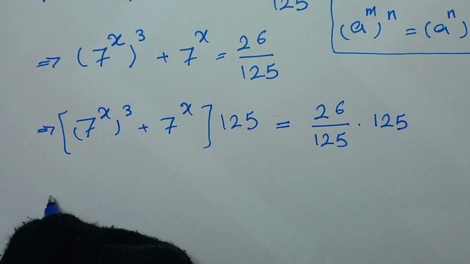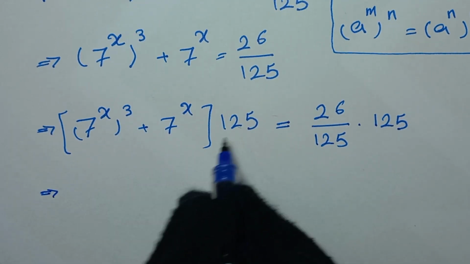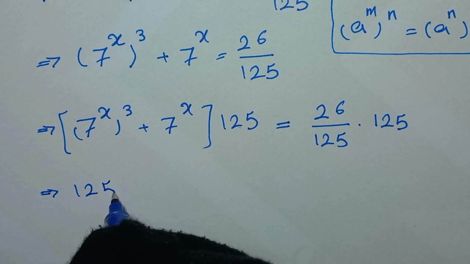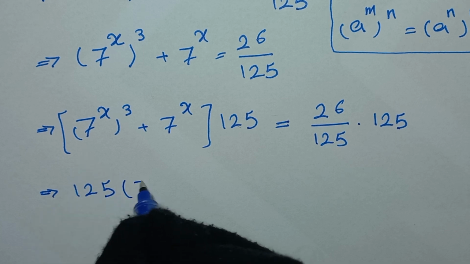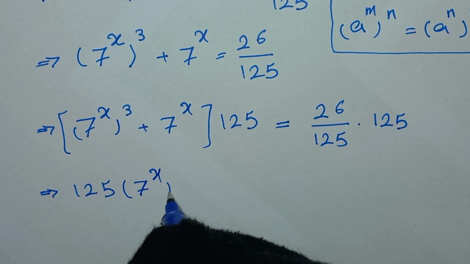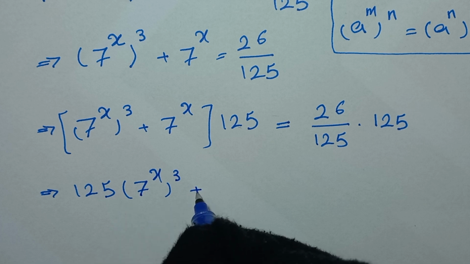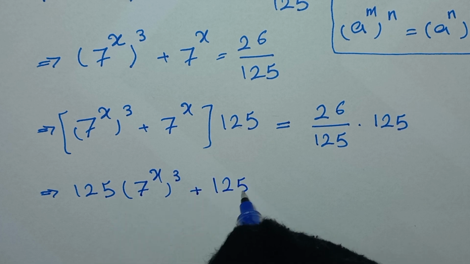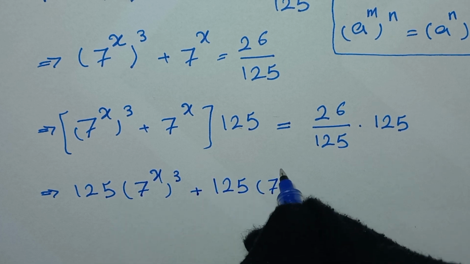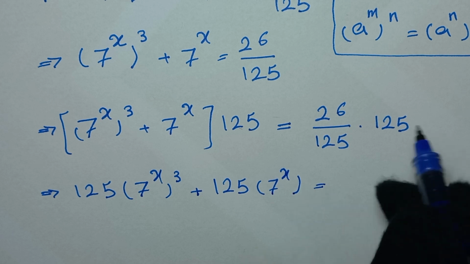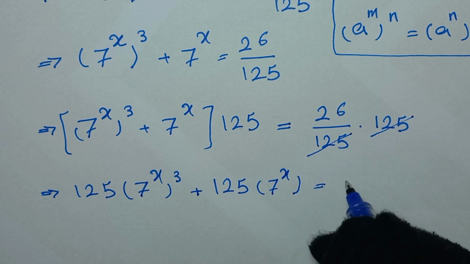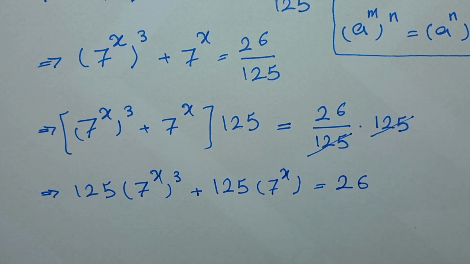It will be 125 times this 7 to the power of x to the power of 3, plus 125 times 7 to the power of x is equal to, here this will cancel this, and it will be 26.